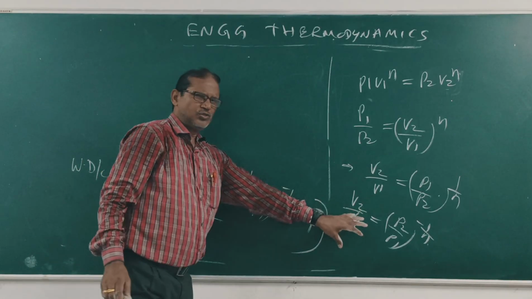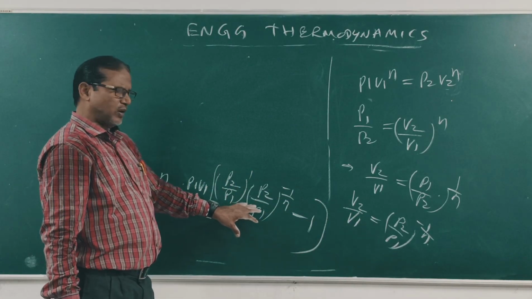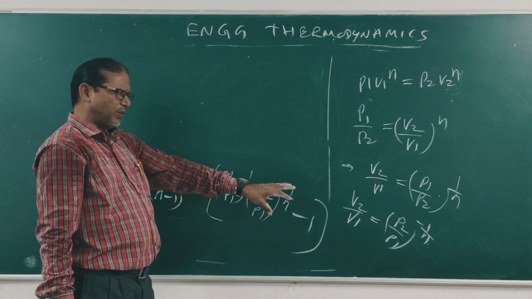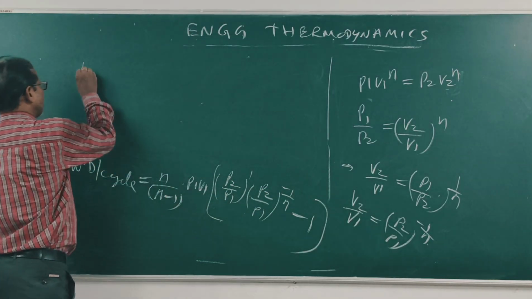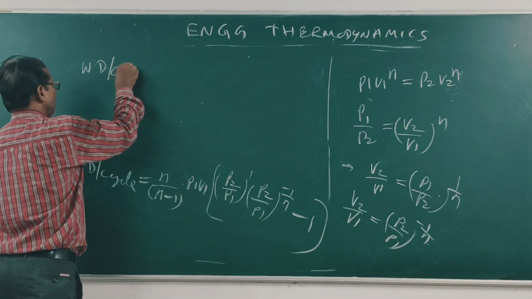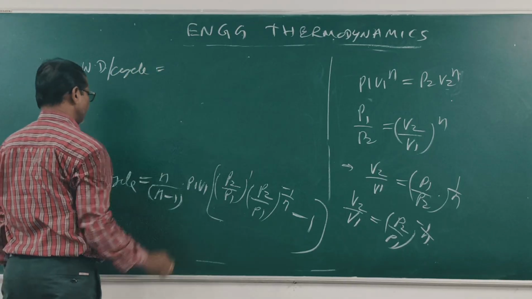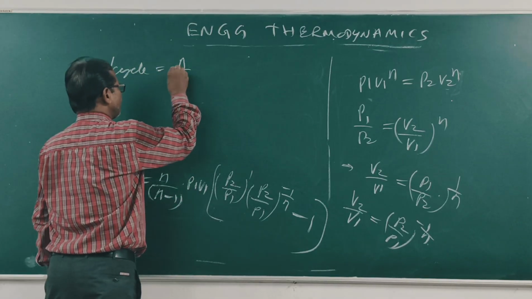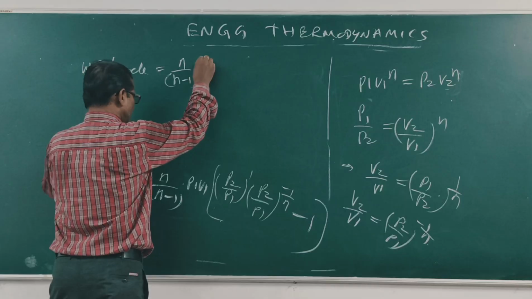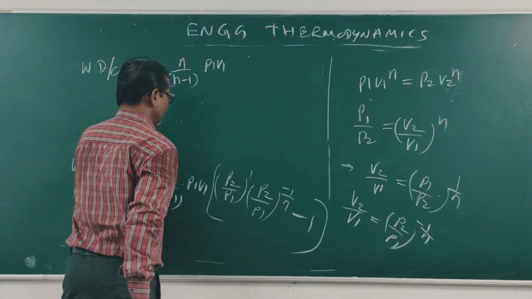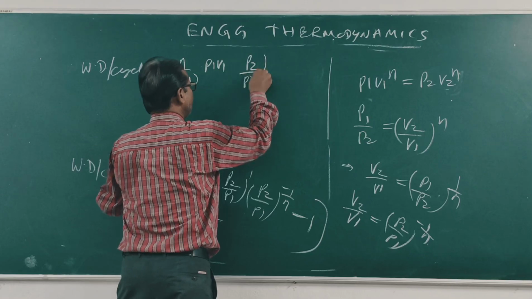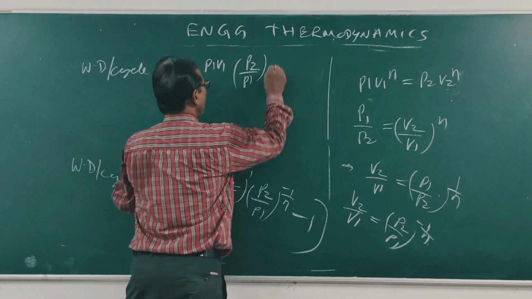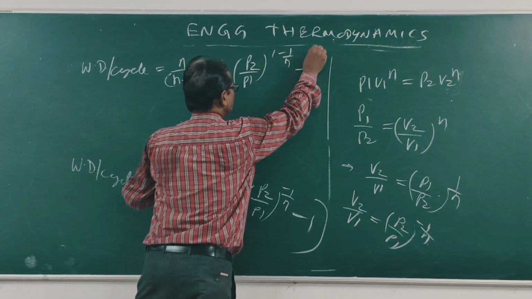Put this value in this place. V2 by V1 is equal to P2 by P1 to the power of minus 1 by n. Now, work done per cycle is equal to n by n minus 1 into P1 V1 into P2 by P1 to the power of 1 minus 1 by n, minus 1.